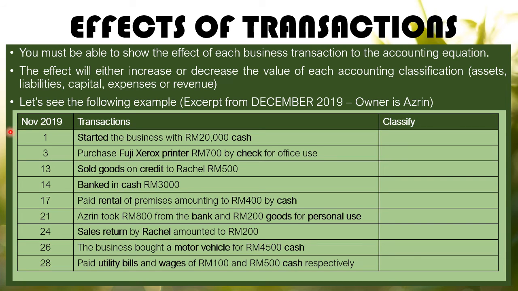Okay, contohnya macam ni kan, November 1st, started the business with 20,000 cash. So the keyword here is started dengan cash. So the word started means adalah syarikat tu dimulakan, baru saja nak bermula dan kita yang masukkan duit kita sendiri dalam bank tu.